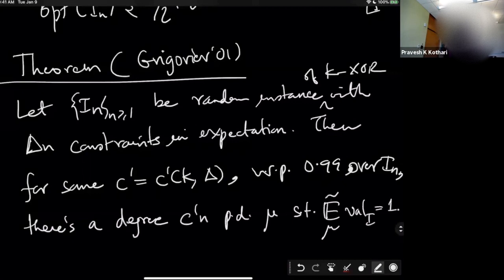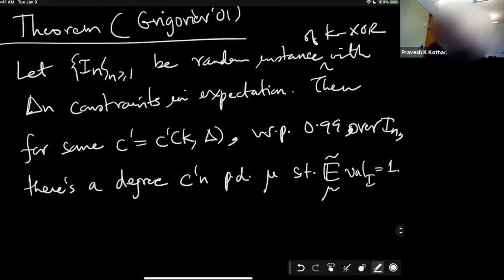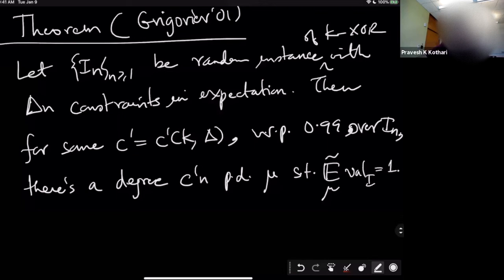So what is this theorem saying? It's saying that if you sample a random instance, and it has, let's say, delta n constraints. This was an expectation, but we could always condition on the event that I_n has about delta n constraints because things are tightly concentrated around that. So don't worry maybe too much about it.